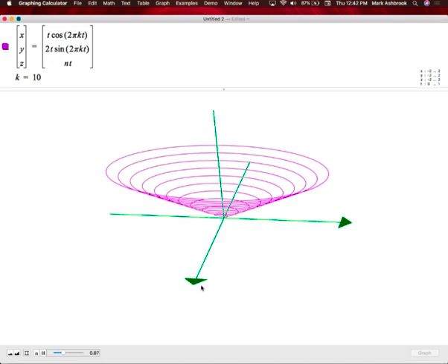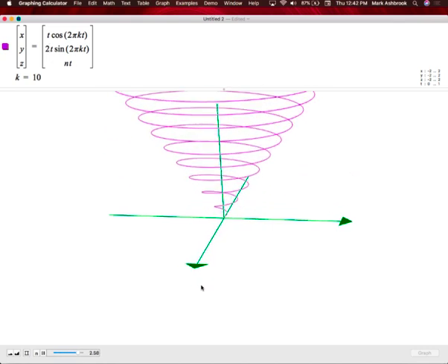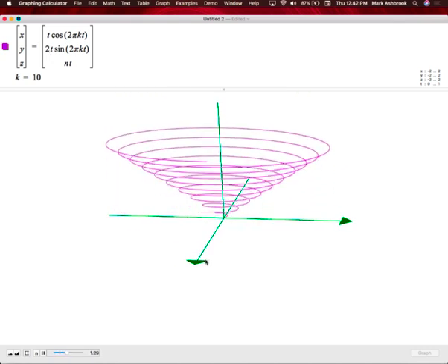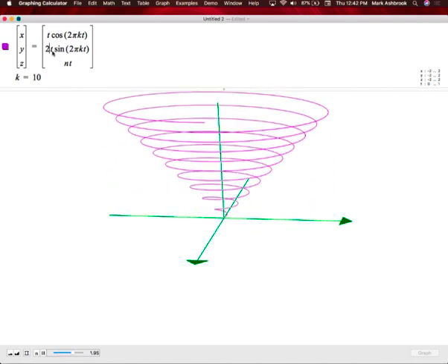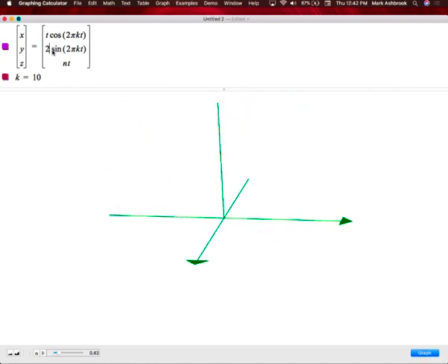So let's try to predict. Instead of changing one of those t's to 2t, what if I just take t away from one of them? Without doing it, can you predict what that's going to look like?